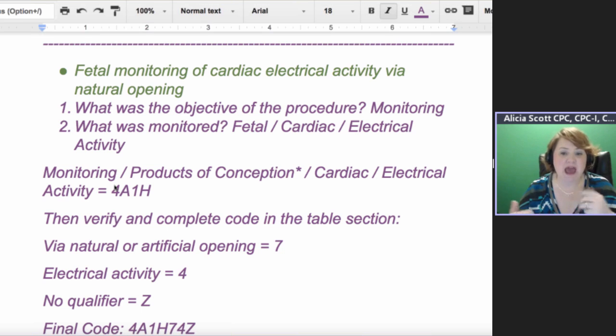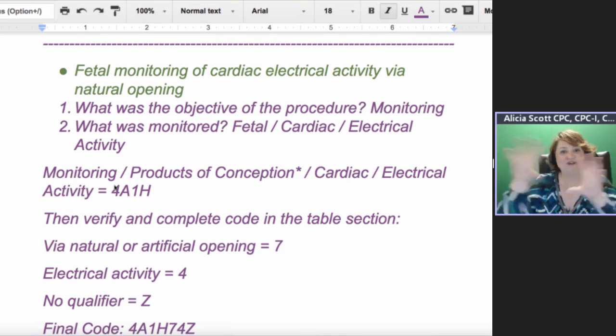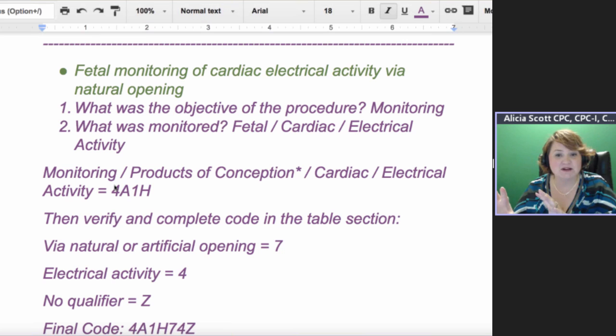Okay, so fetal is going to be the baby, and cardiac electrical activity via natural opening. Now there's lots of ways to do fetal monitoring, but you have to know fetal is the baby, he hasn't been born yet, right? It's a fetus, fetal. Once the baby's born, it's going to put you in another category for monitoring.